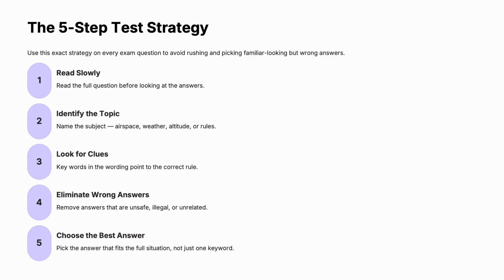Step 3. Look for clues. Keywords in the wording almost always point you towards the correct rule. Step 4. Eliminate wrong answers. Remove anything that's unsafe, illegal, or unrelated to what's being asked. And step 5. Choose the best answer, the one that fits the situation, not just one keyword that caught your eye. 5 steps, every question, no exceptions.